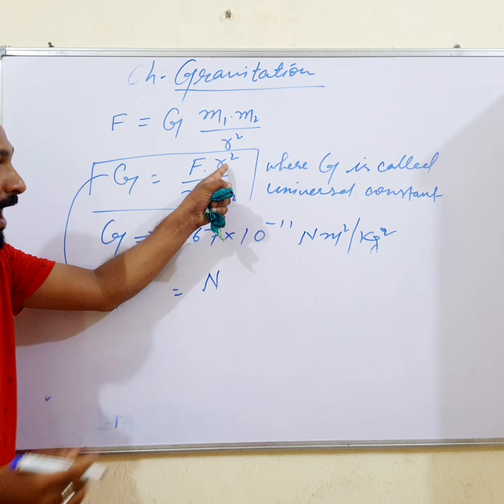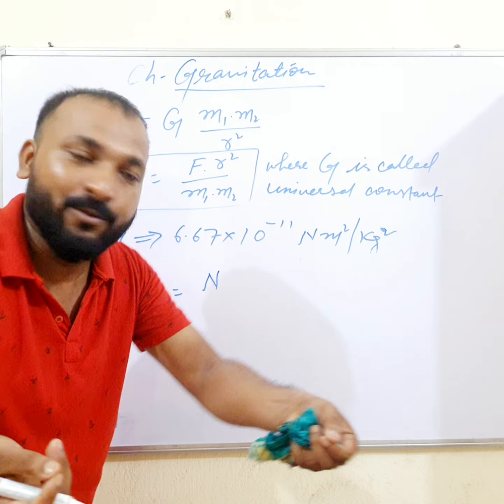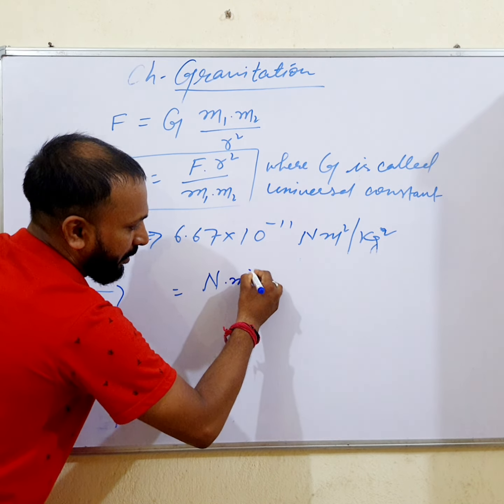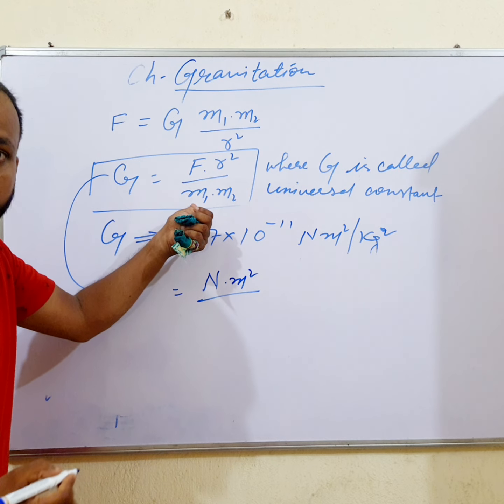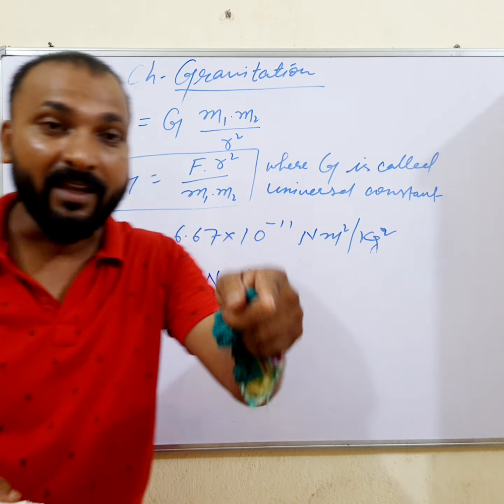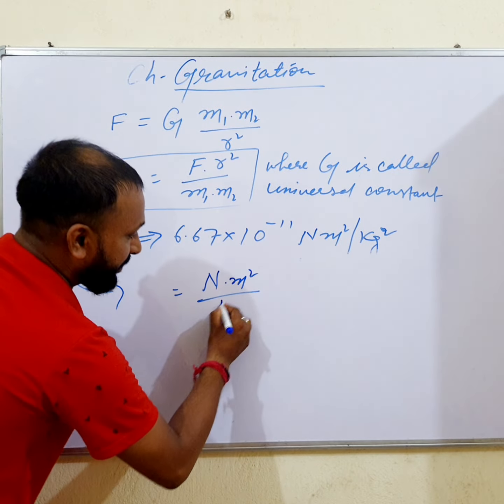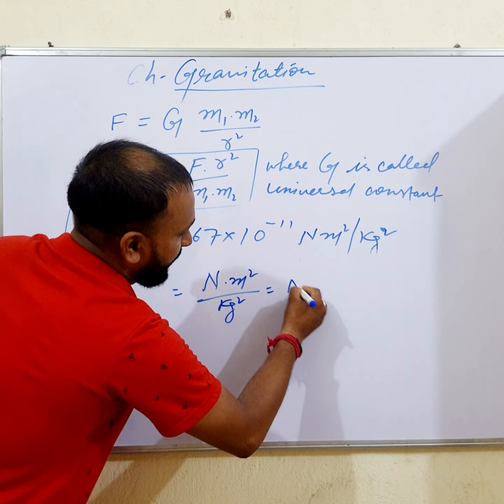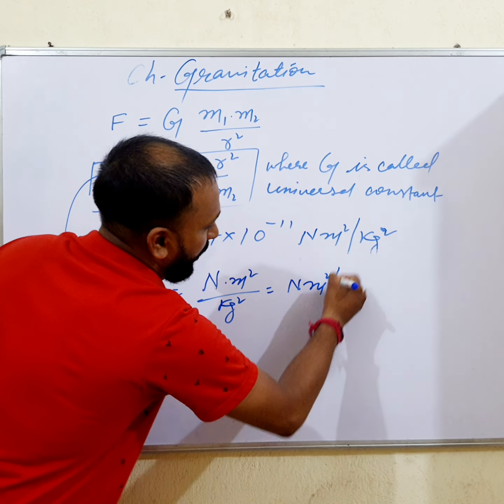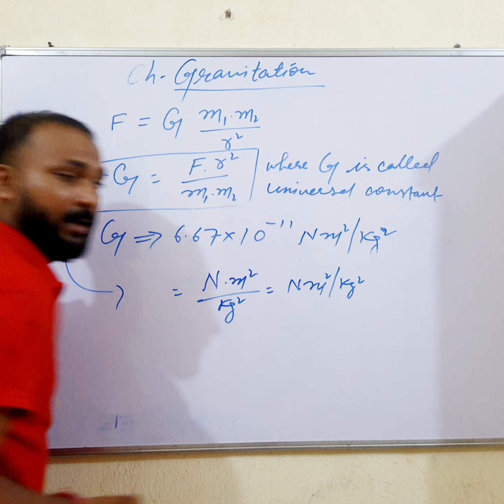The unit of r, the length or radius, will be meter square, and the SI unit of mass will be kg into kg, that means kg square. So ultimately we can say that it is Newton meter square per kg square.